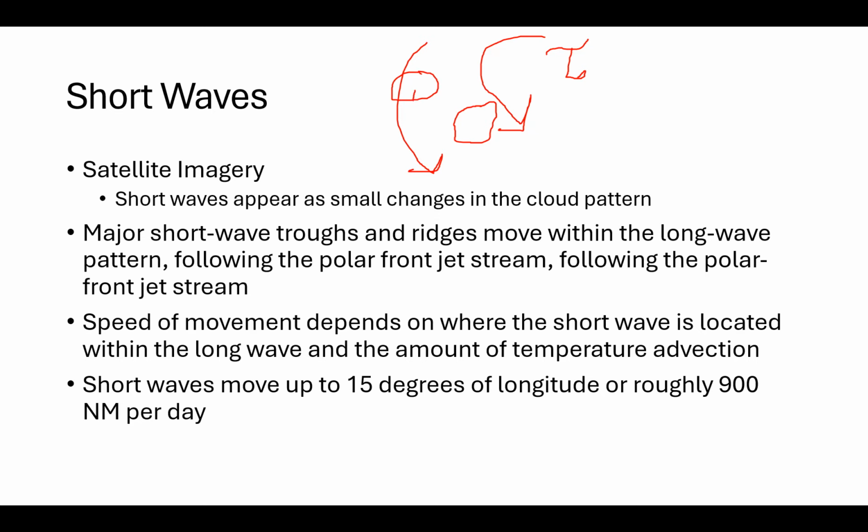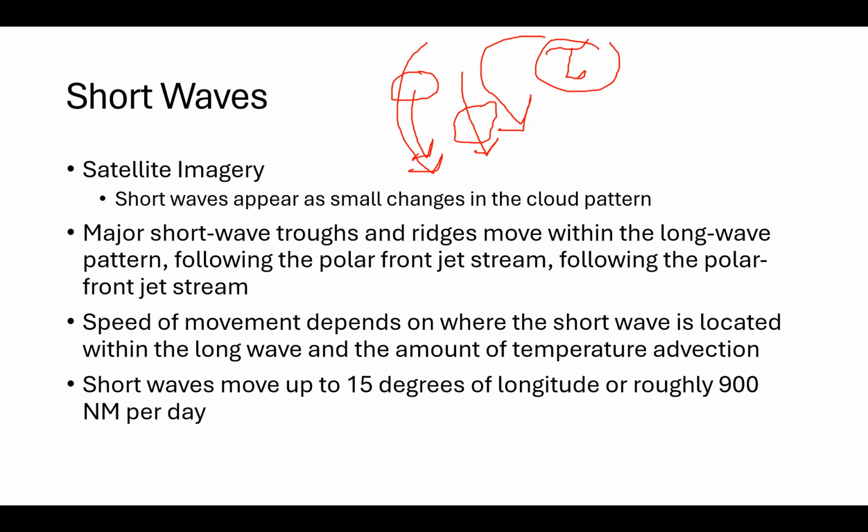These are your shortwave troughs that kind of just rotate through the long wave pattern on the backside of these huge upper level lows. So in IR imagery, I've seen it plenty of times where they show up as these bright little areas, and that's your short waves.